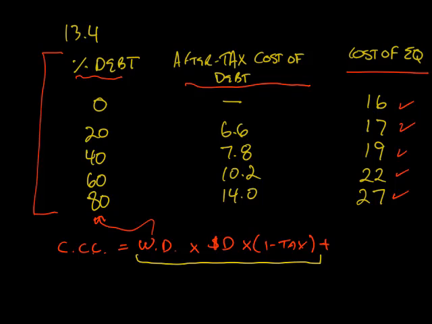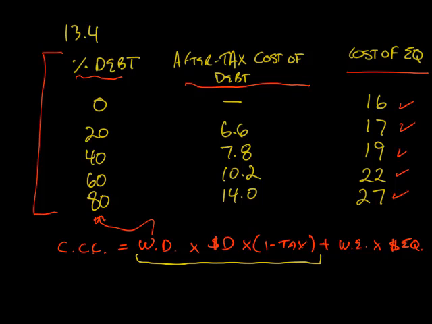That's a little bit easier because you only have the weighted percentage of equity, multiplied times the cost of that equity.